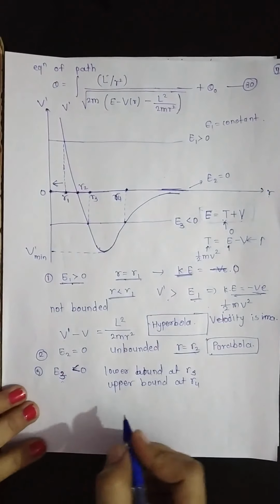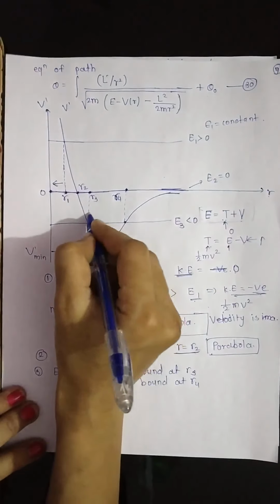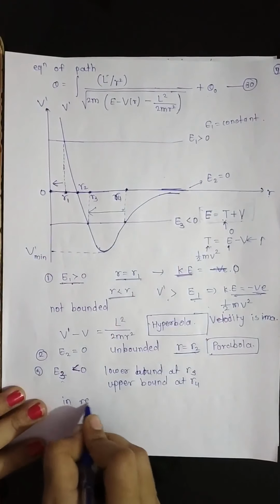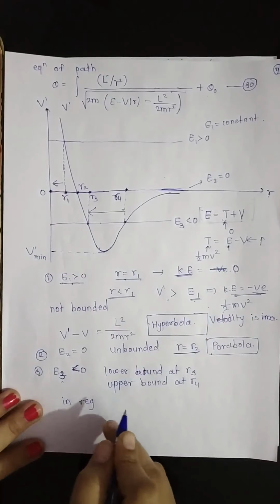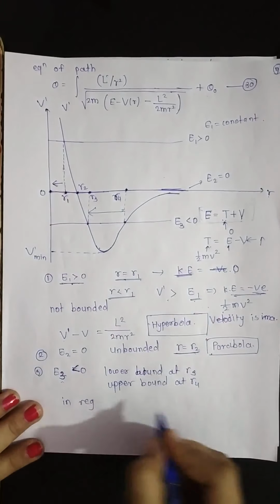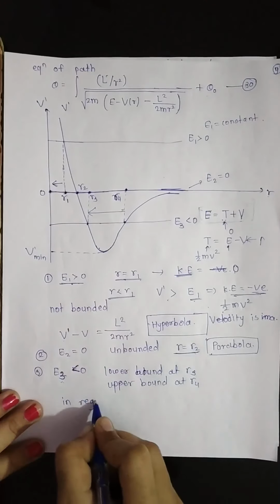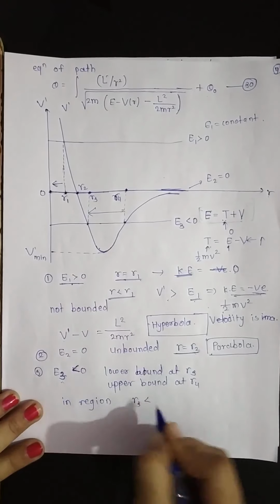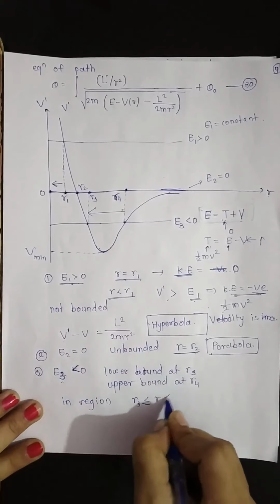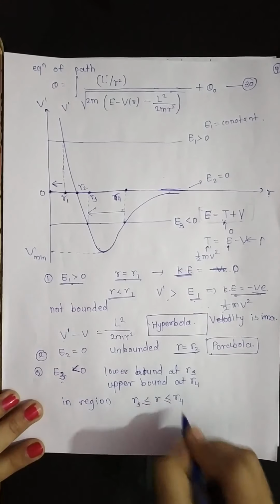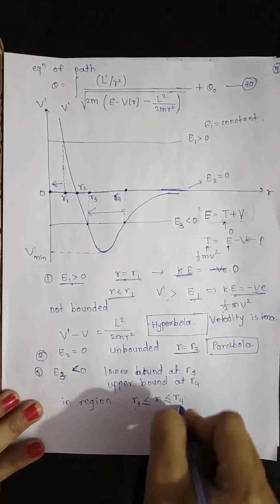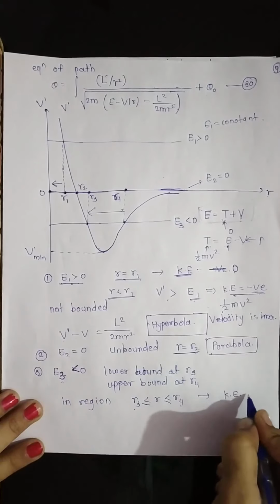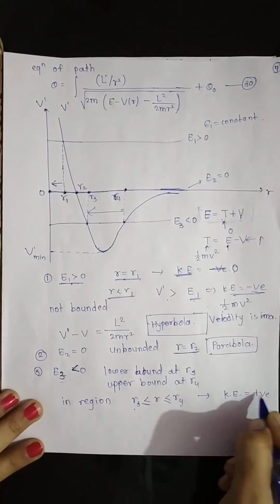So in this region kinetic energy will be positive. That is, our particle is bounded between R3 and R4. The region in which our particle is bounded is R3 less than or equal to R less than or equal to R4, and in this region kinetic energy will be positive.